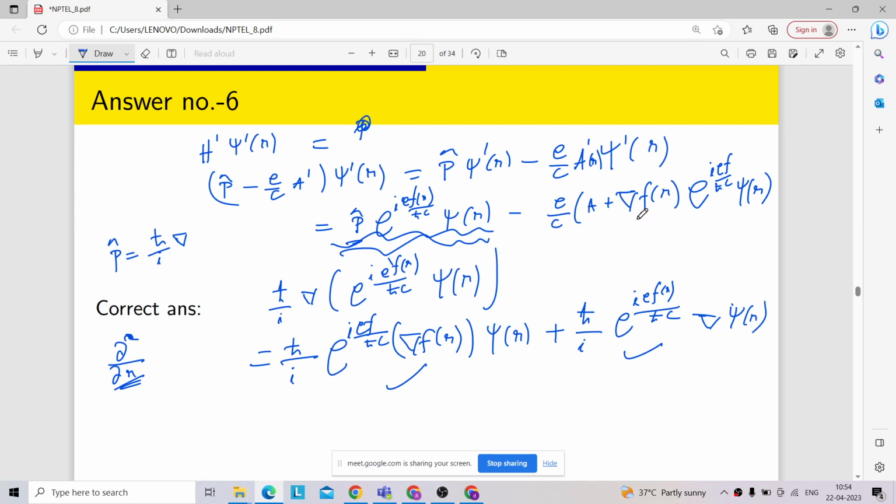Now you see, if I expand the second term, I will get a term like gradient of f of r, e to the power i e f by h cross c, divided by psi of r.